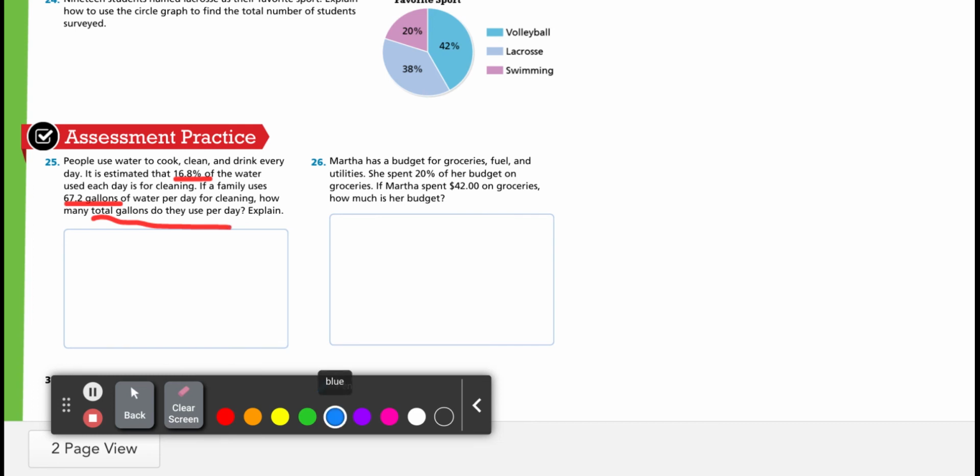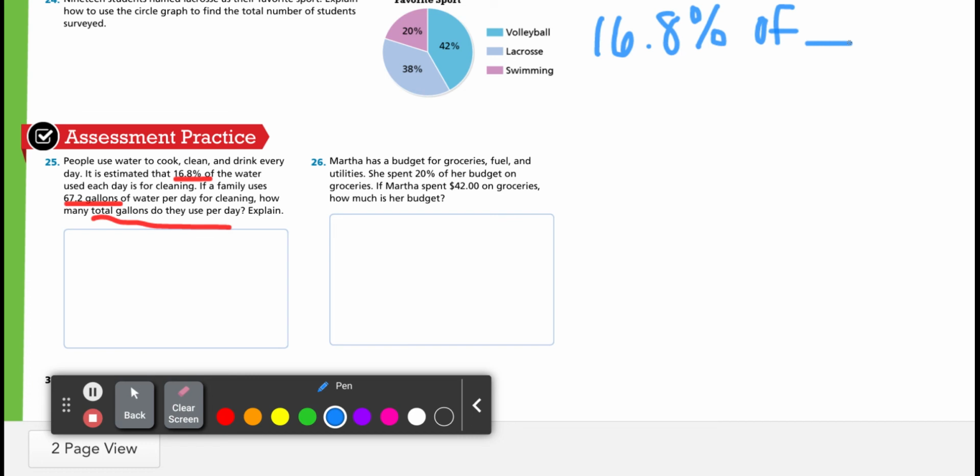It jumps right out. You look for that percent sign. So we have 16.8% of a total amount. So do we know the total number of gallons they use per day based on the information in the word problem? No, we don't. So we're going to be finding that whole number. We're going to be finding the total.